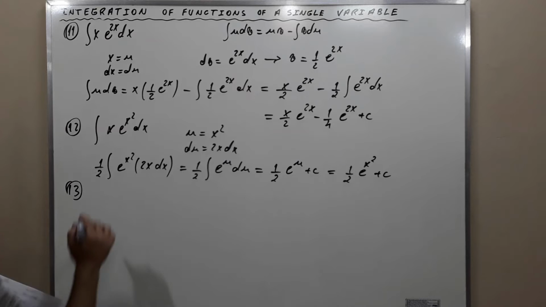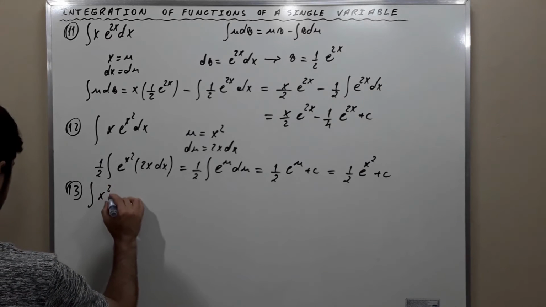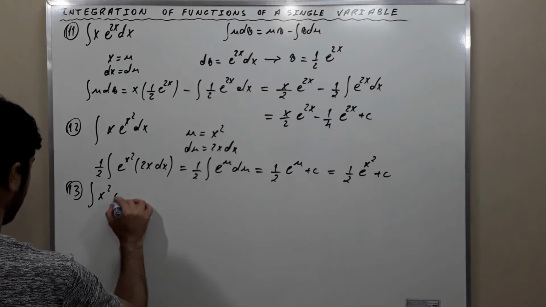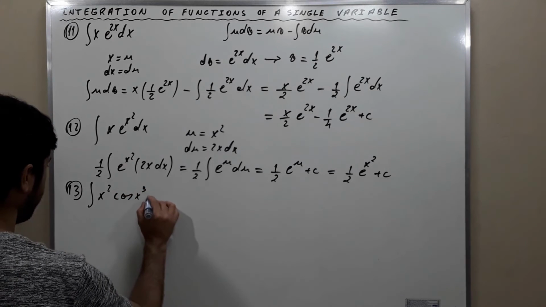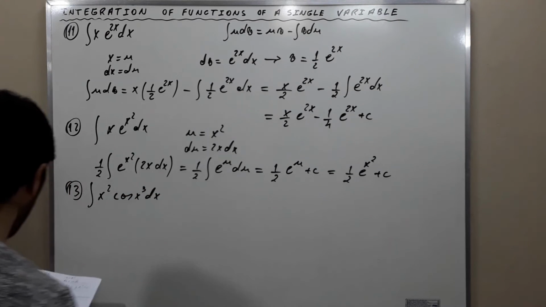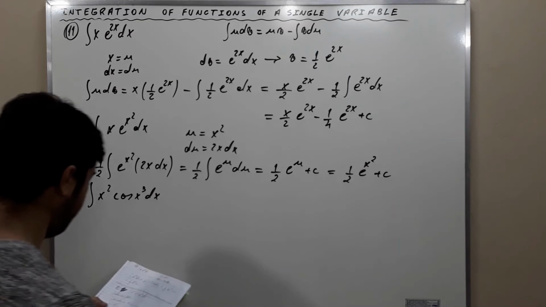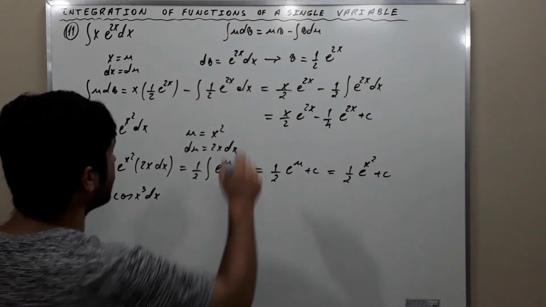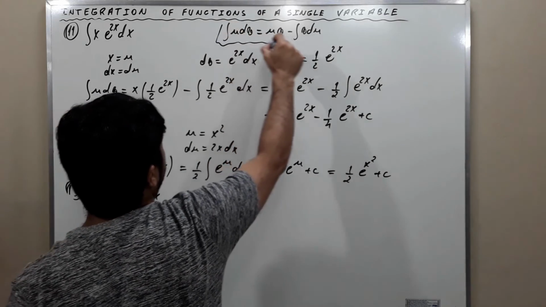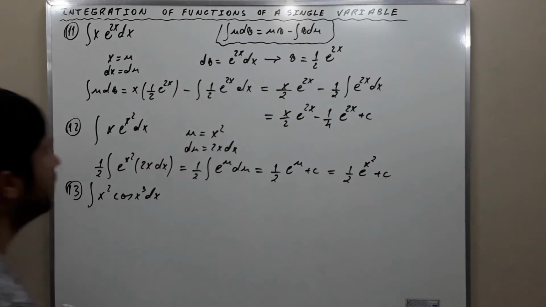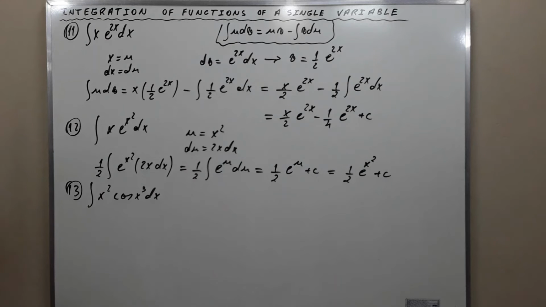It is going to be the integral of x squared times the cosine of x cubed dx. We are going to use this technique here again: the integral of u dv is equal to u times v minus the integral of v du.